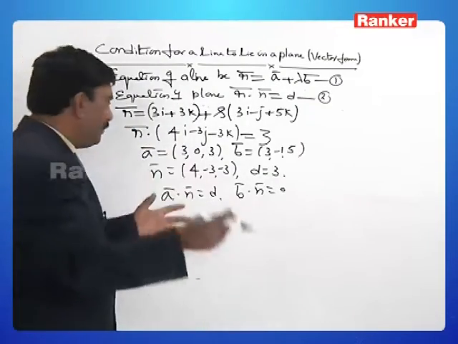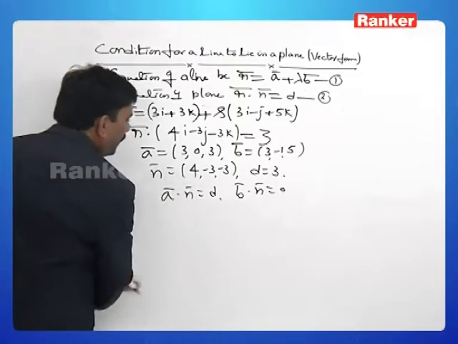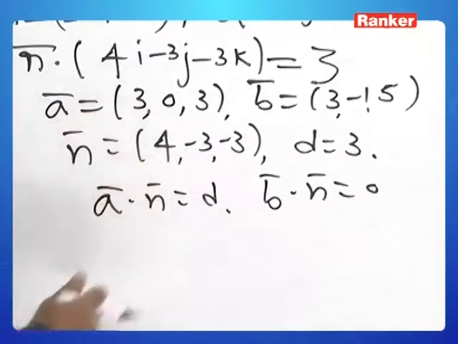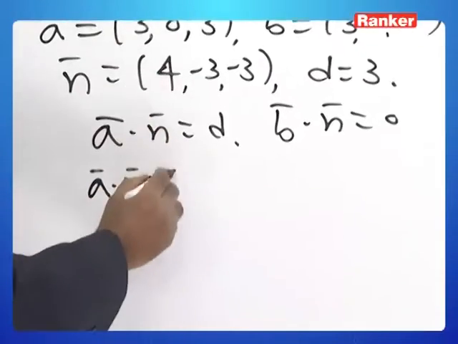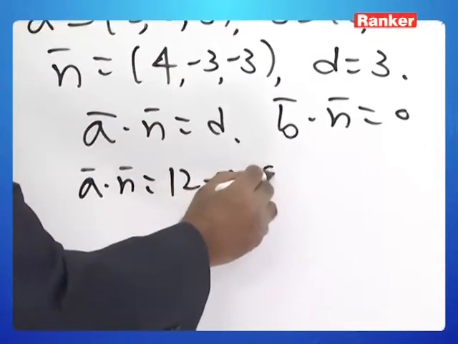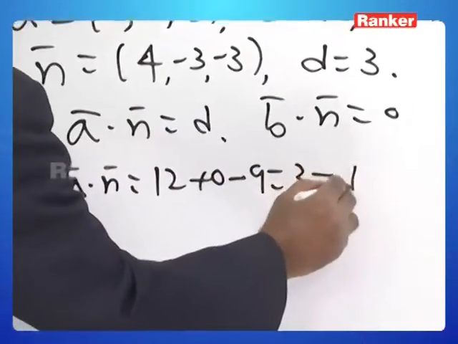We have to verify. What is a bar dot n bar? It is 12, 0, minus 9, which is 3, equal to d.